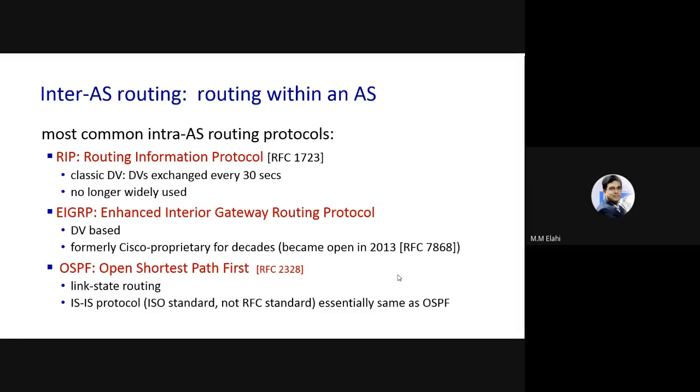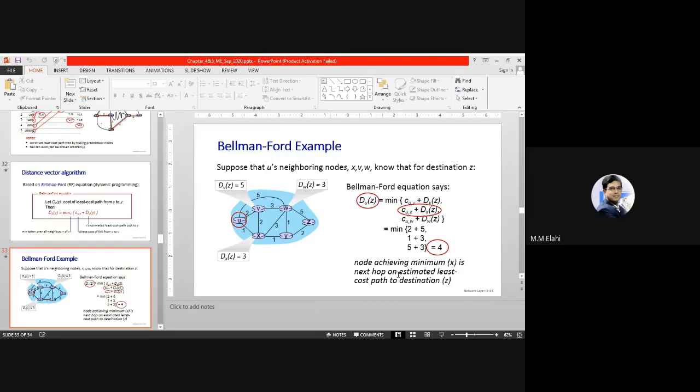I have omitted this; BGP is not part of our syllabus. So let us end here. This is a complex part, but we have just got an introduction to how routing is done in the internet. That is how the internet manages routing. So that is the end of chapter 5 and routing.